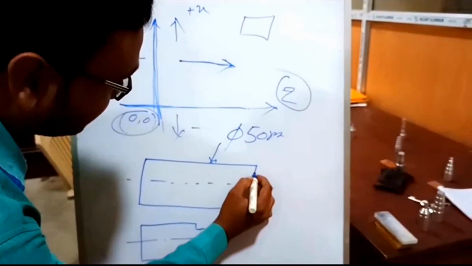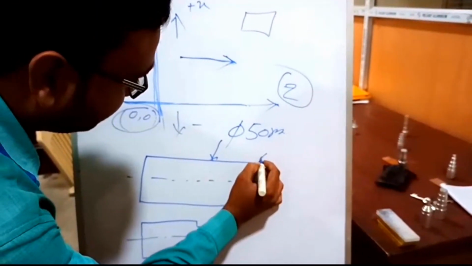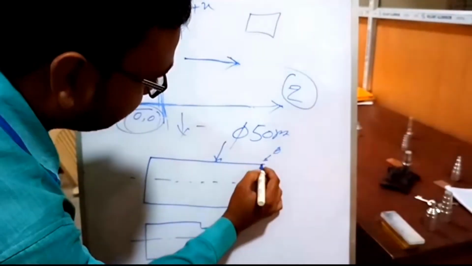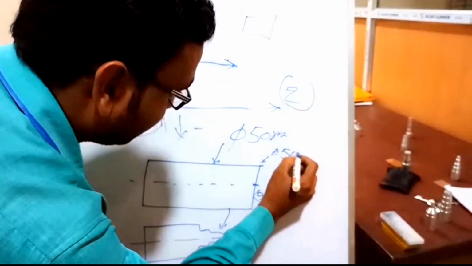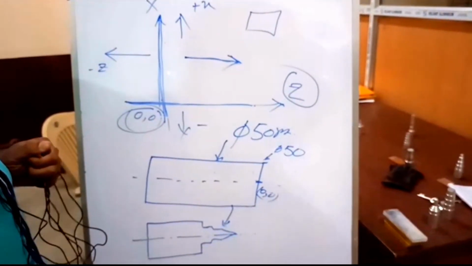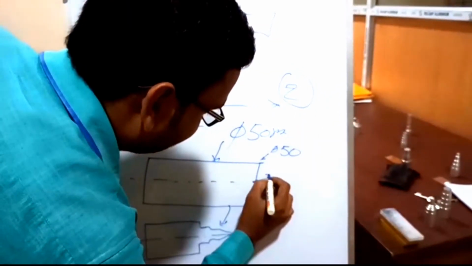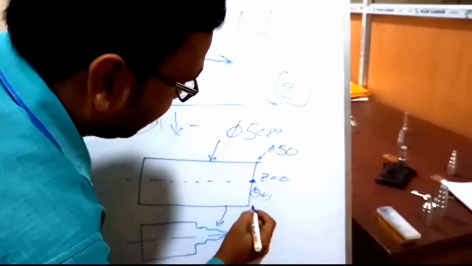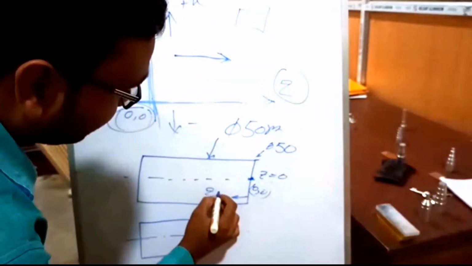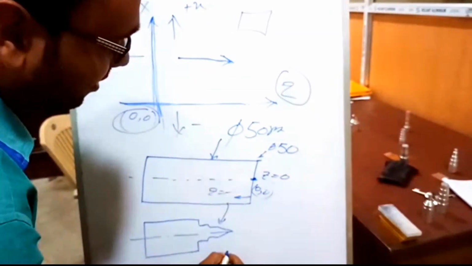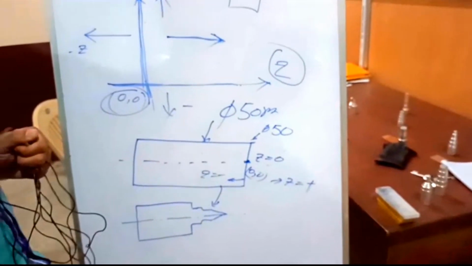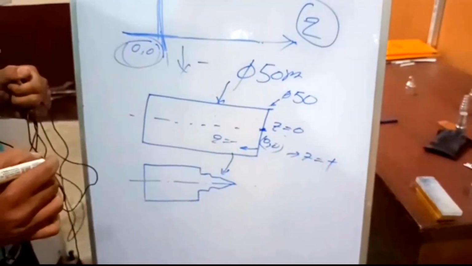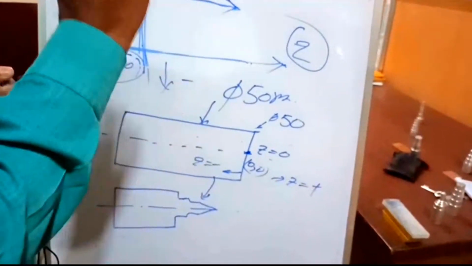If this point is 0, 0, easily we can show. If this is 50, so the coordinate of the X axis here is 50, and that is positive, and at this point Z equals 0. If we cut on this side, we will take Z as negative and this side Z as positive. Clear? So through this system, at first we will write a program.